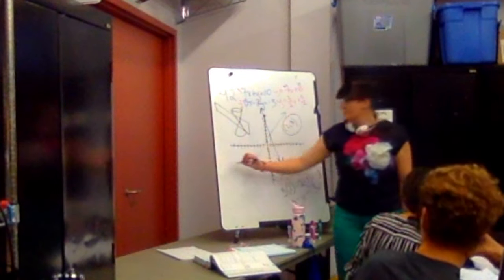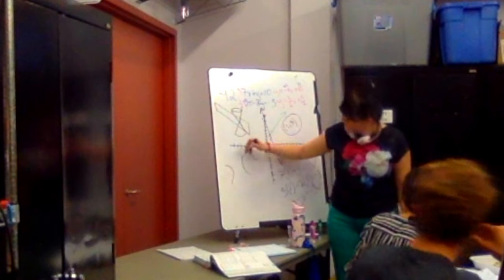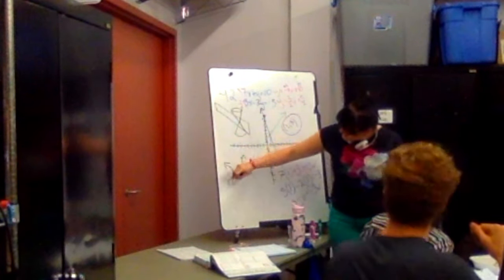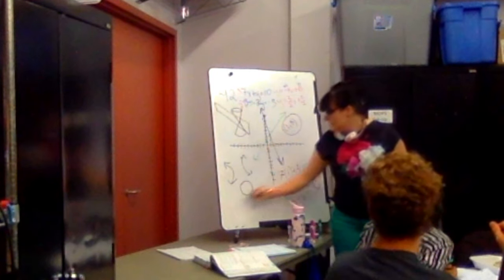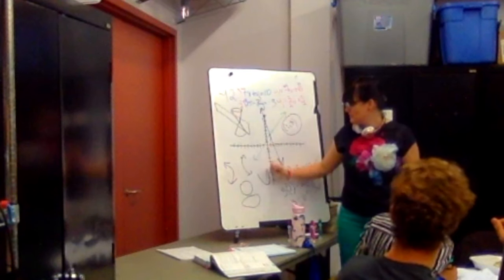So, it can intersect at a hyperbola, a circle, an ellipse, or a parabola.